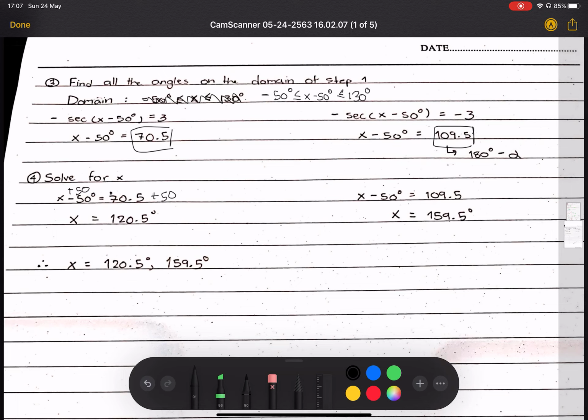And the next value is x minus 50 degree equal 109.5, and we add 50 degree to both sides, we will get x equal 159.5 degrees. So in conclusion, the x values for absolute sec x minus 50 equal 3 are 120.5 and 159.5.